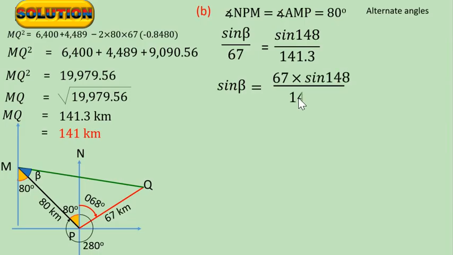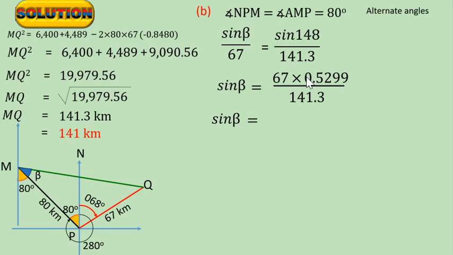Then divide by 141.3. Then we use our calculator, we replace the value of sine 148, and that gives us 0.5299. Then use the same calculator, we evaluate this.